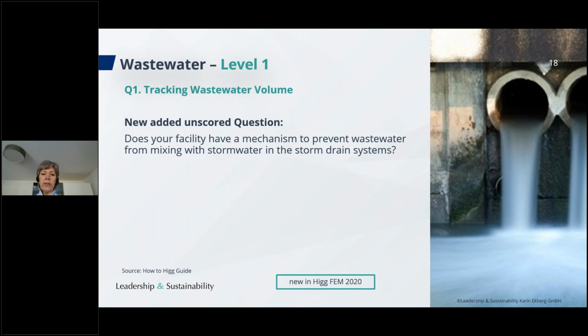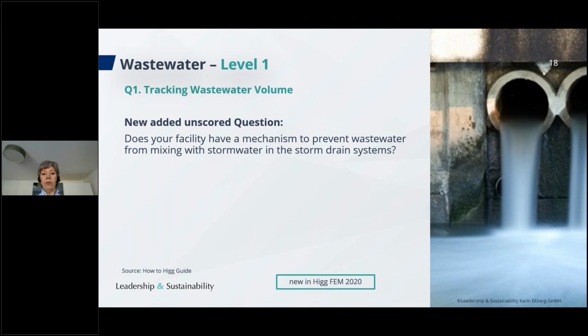Well, it is really important that you ensure that your storm drain systems, if they, for example, are discharged directly from the factory and are not treated in your wastewater treatment plant, don't have any leakages of untreated wastewater into them, because obviously then you would pollute the storm drain systems, and when you are discharging, you would accordingly discharge untreated wastewater. So that is really, really important.